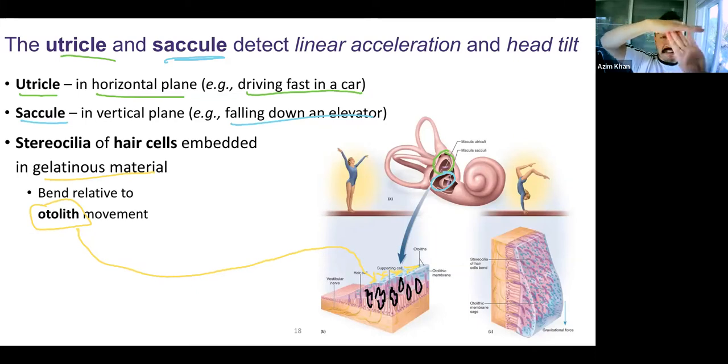The otoliths are critical for providing enough weight so that when you move quickly, the stereocilia will bend. That's how you detect linear acceleration. Otolith: oto means ear, lith means rock or stone or something mineral. So it literally means ear stones. You have little chalky stones in your ear.